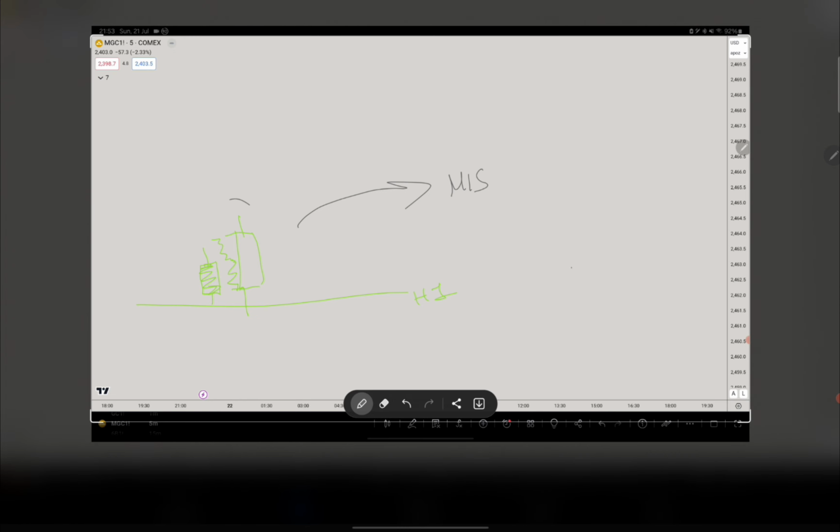That approach expects it to close over here and then tries to get an entry, but sometimes price can literally just start from here and go again, and it will never come back to here, and you would have missed the trade. The day may be over by the time it comes back. So by refining to a lower time frame, you make sure you get a better entry and that you're in the market.